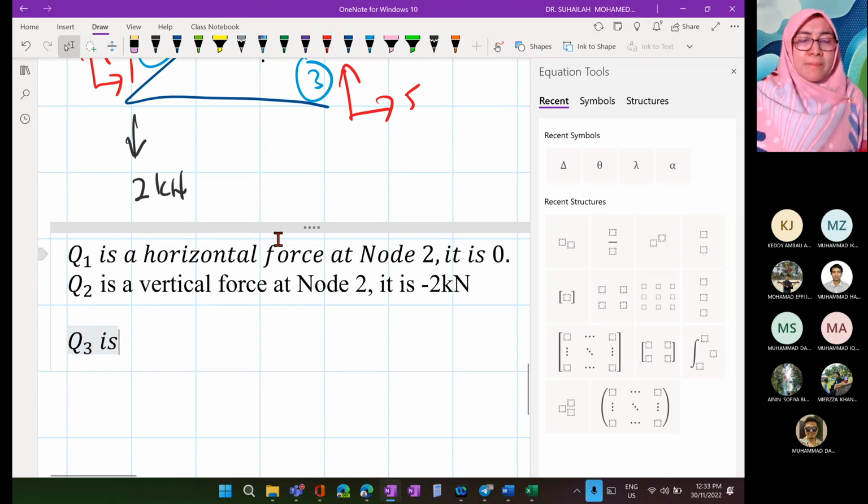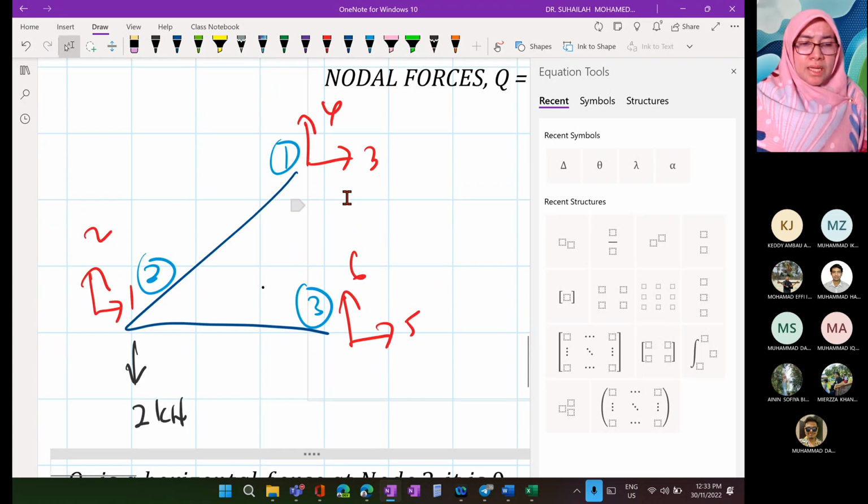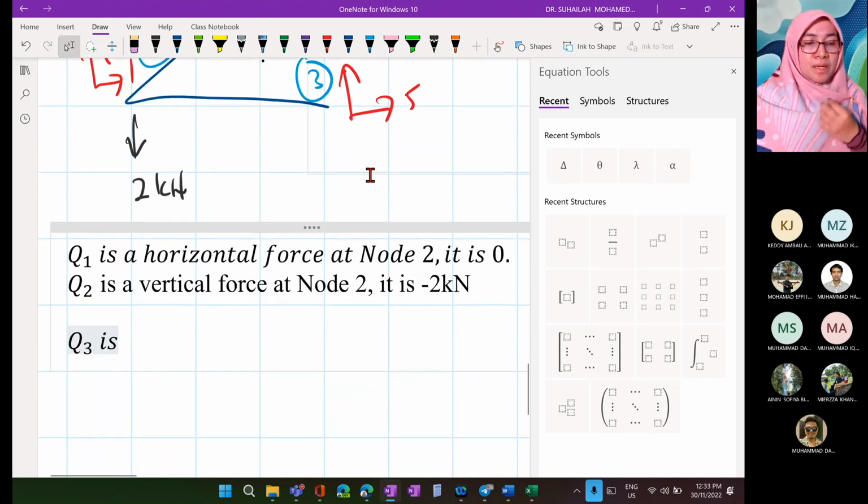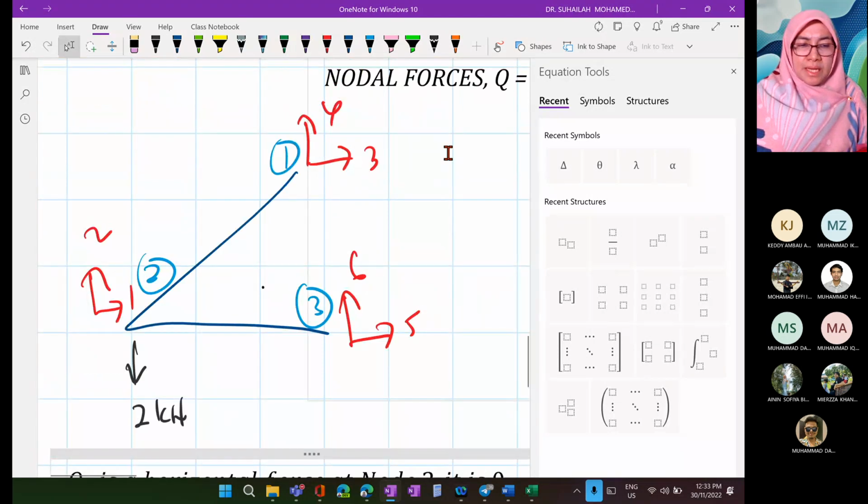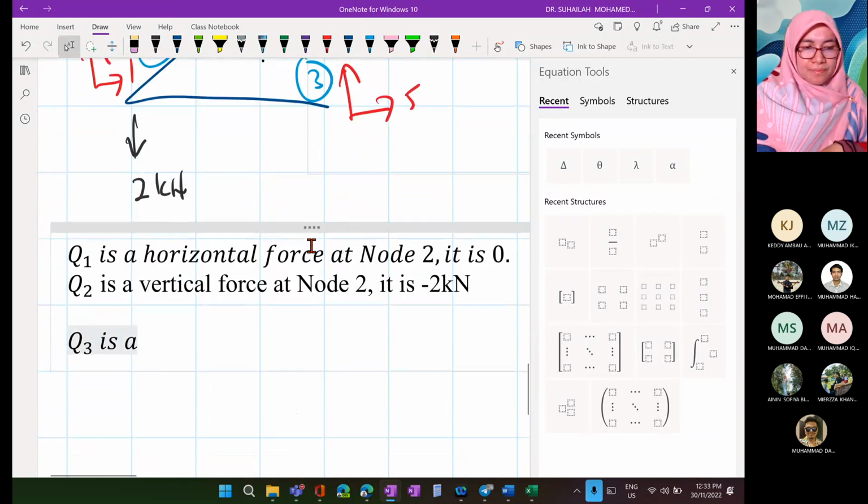What is Q3? Remember 3 and 4. Node number 1 is a pin. Node number 3 is a pin. So when we talk about Q3, is it representing horizontal or vertical? Horizontal. Horizontal what? Force.